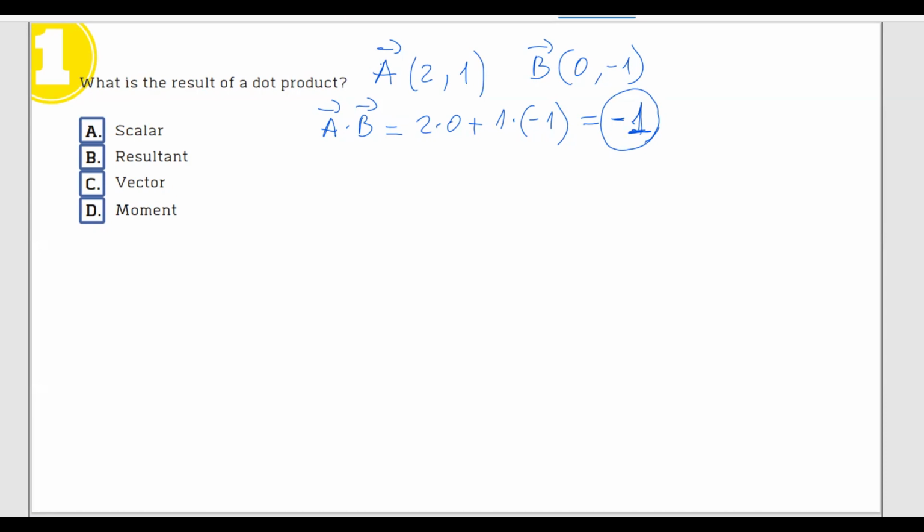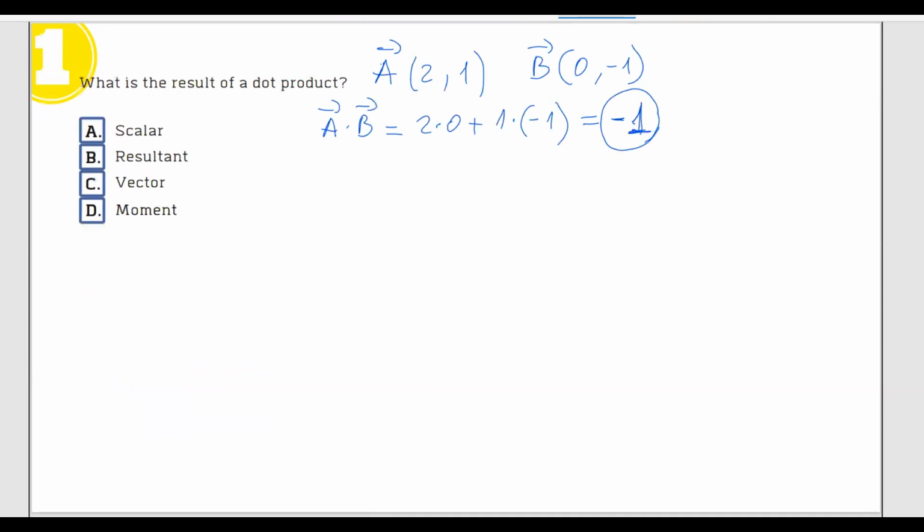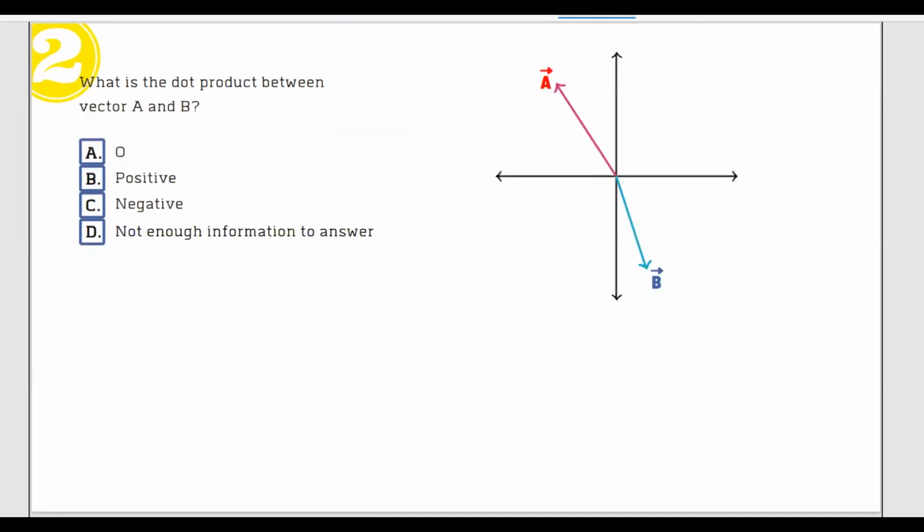As I said, you are told that in the FE handbook. It's very important to understand that the dot product is a scalar product. What they mean is that the dot product of two vectors is a number, or a scalar. So the correct answer is A.